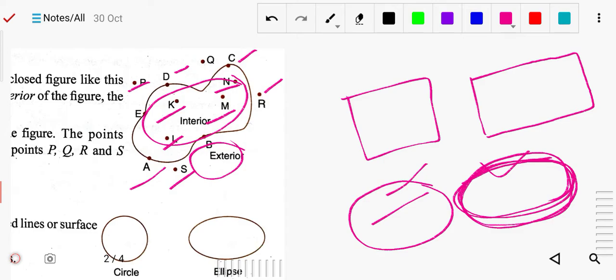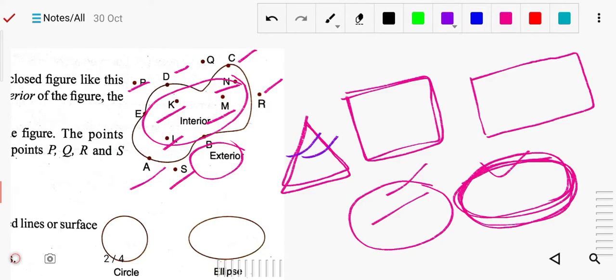And those that have linear lines, meaning straight lines, like you can draw a triangle, so they have linear lines. So they are called linear boundaries. But here you can see it has a curvilinear boundary.